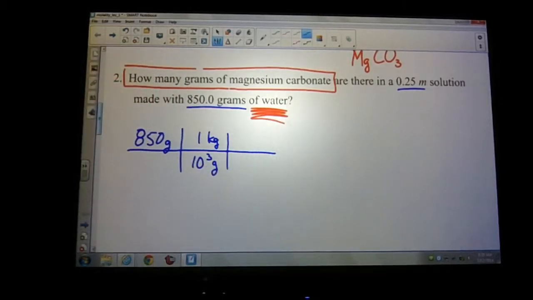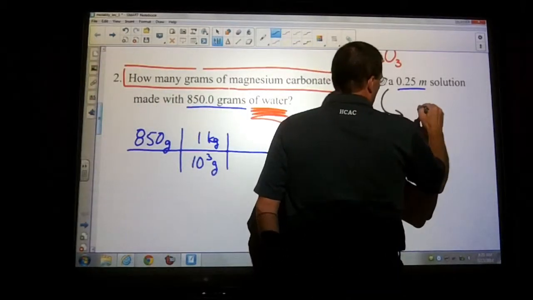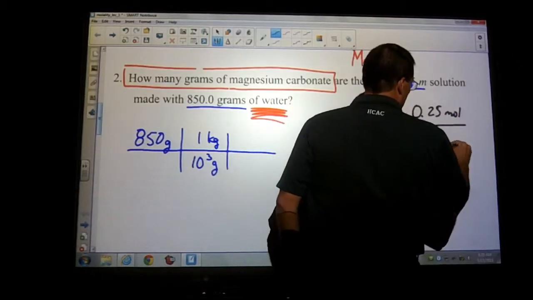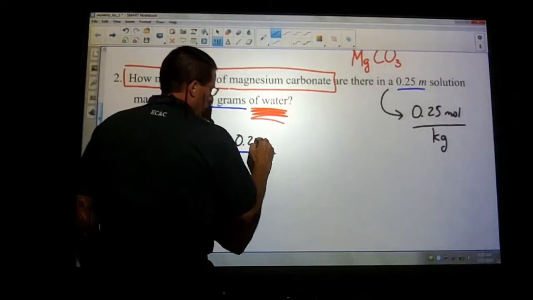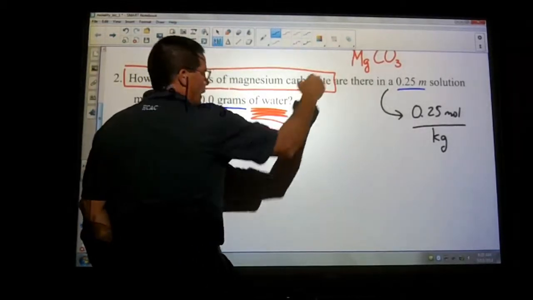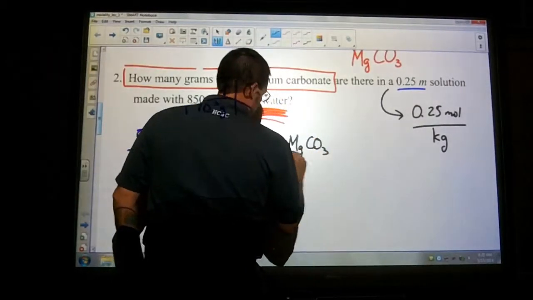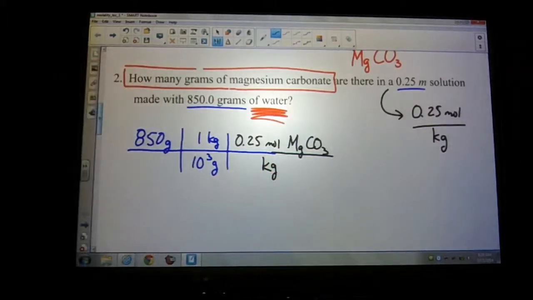And then we'll plug in our 0.25, and this 0.25 can be represented as 0.25 moles for every kilogram. That's what that little m represents. So let's put that in there, 0.25 moles. And I'm going to go ahead and put magnesium carbonate on there. And that's per kilogram.